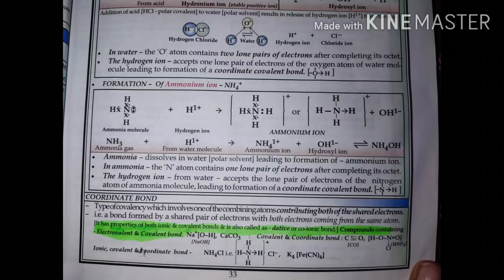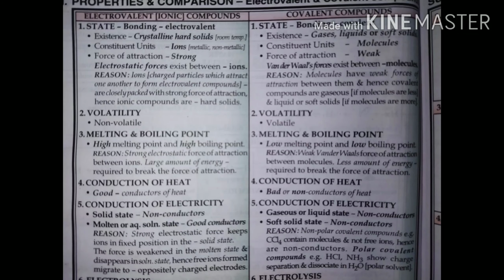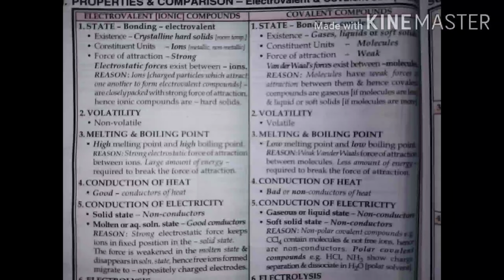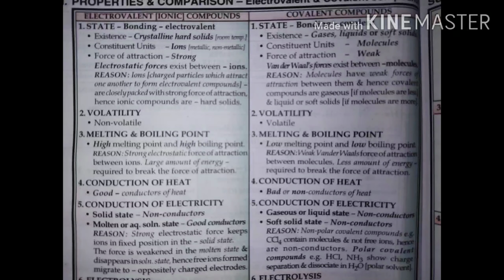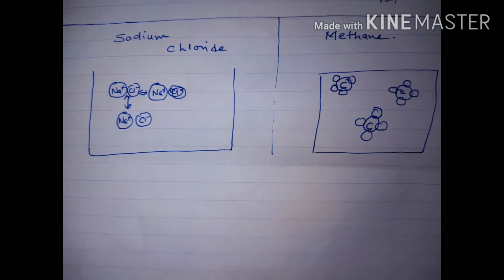Now if we turn to page number 34, there is a comparison between electrovalent or ionic compounds and covalent compounds. For that, we will take examples of two compounds. The electrovalent compound is sodium chloride and the covalent compound is methane. By comparing sodium chloride and methane, we will study the differences.